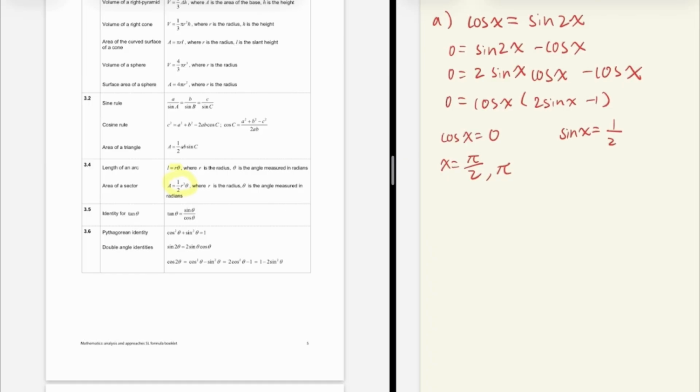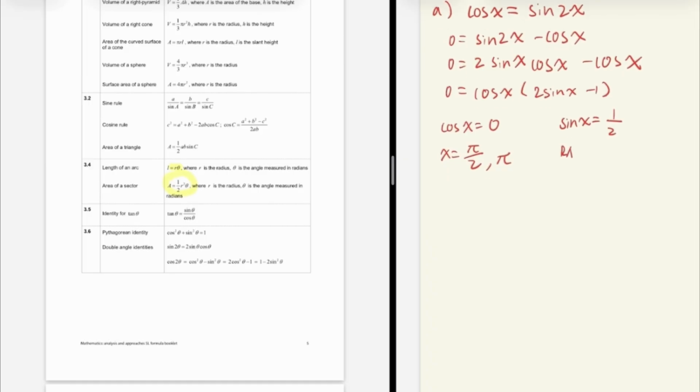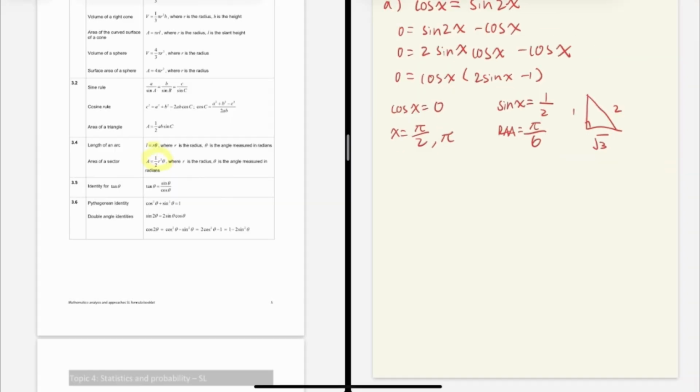So that means that the reference angle is equal to pi over 6, as according to the special triangle, in which the sides are 1, root 3, 2, where this angle is pi over 3, and this angle is pi over 6.